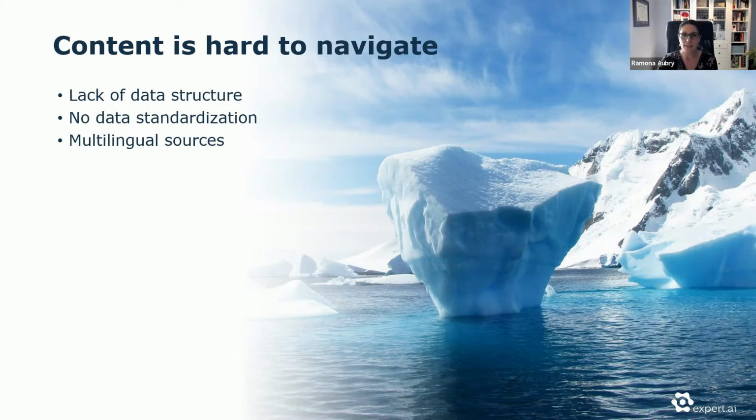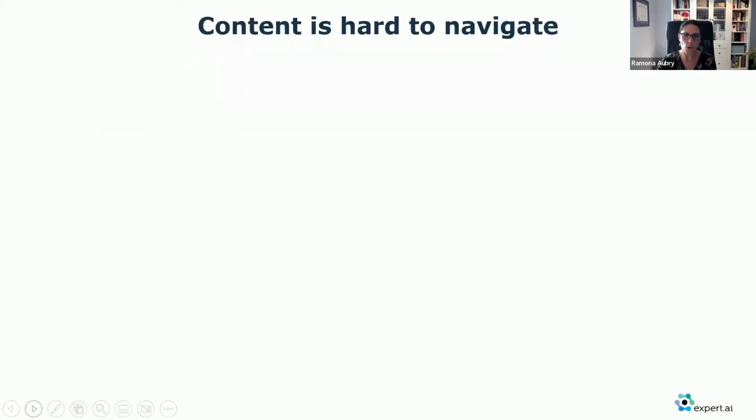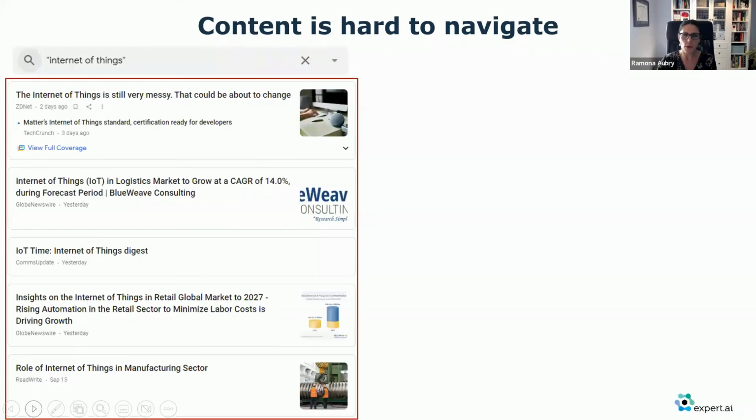If data is not standardized, and you also have documents that are in multiple languages, so it can be English, French, Spanish, or what have you, like it's the case for news organizations that have content in multiple languages, then the challenge is even bigger. So what is our response to this? How do we deal with this kind of challenge?